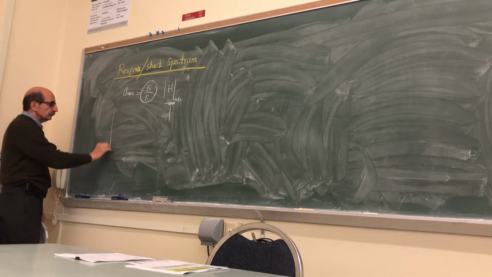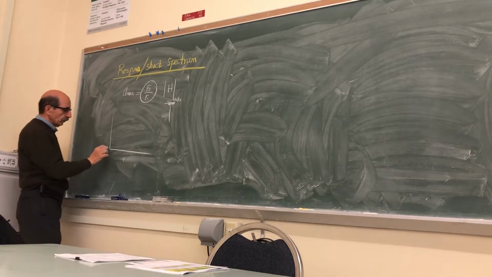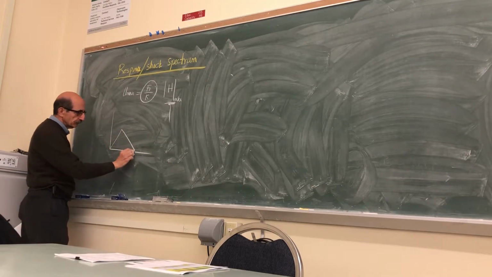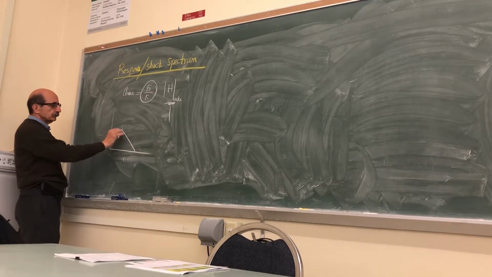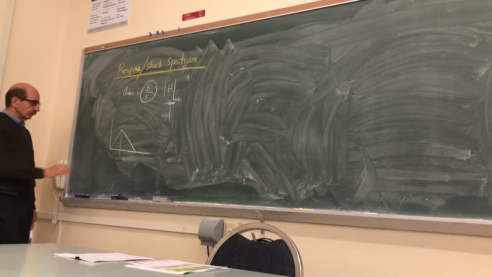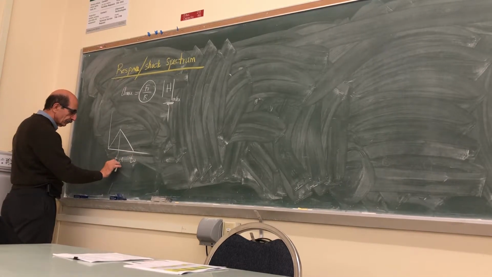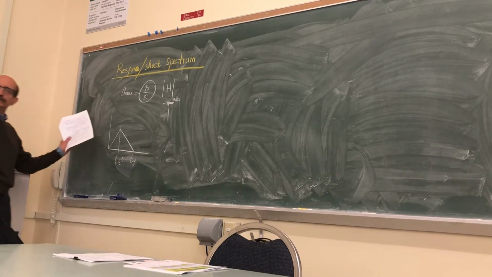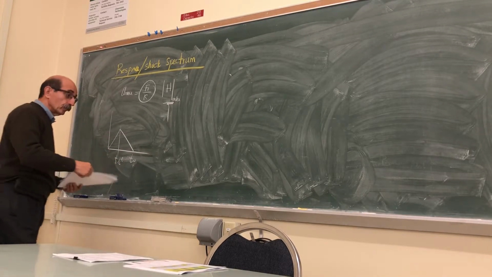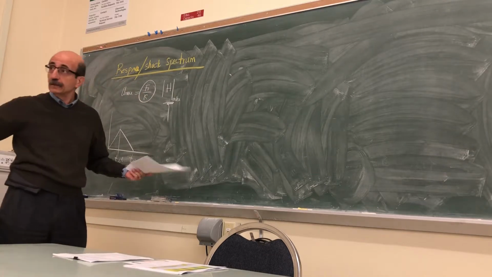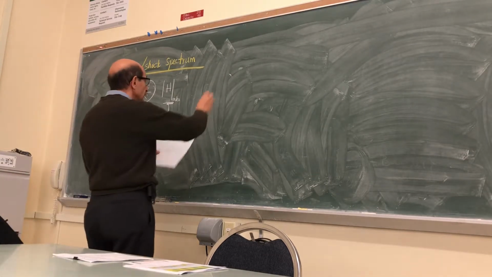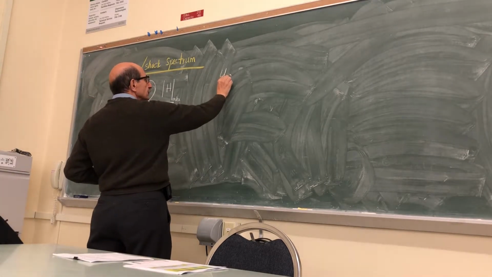Let's demonstrate the concept through the example that we did. Let's look at this simple example first. If you look at the response for the period in which the maximum response occurs, it was something like this.